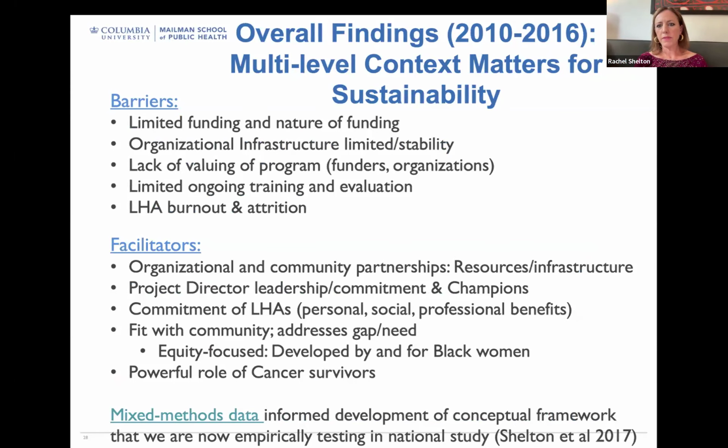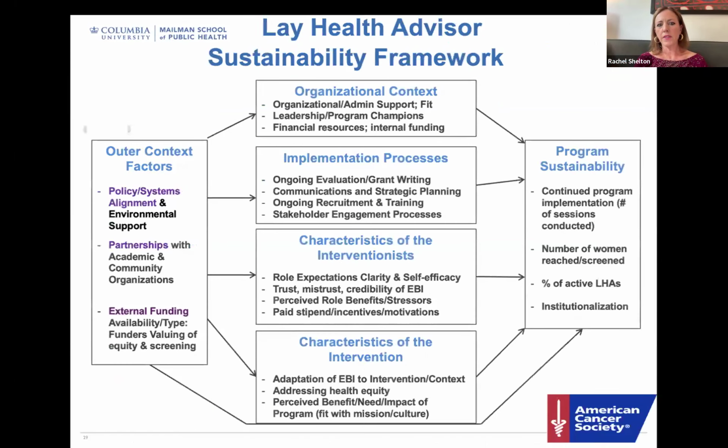And then we created a framework together called the Lay Health Advisor Sustainability Framework that really tailored their specific experience in terms of what they thought was impacting sustainability. So everything from the partnerships with academic and community organizations to the nature of unstable funding to support it, all these different issues at different levels.